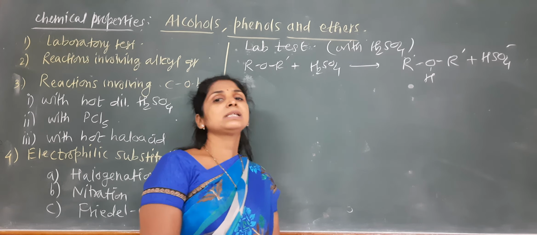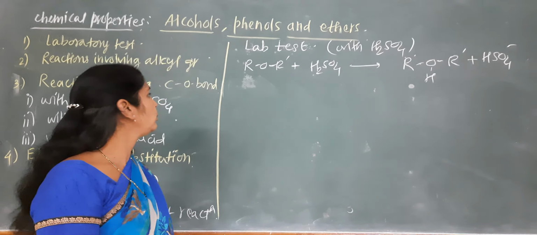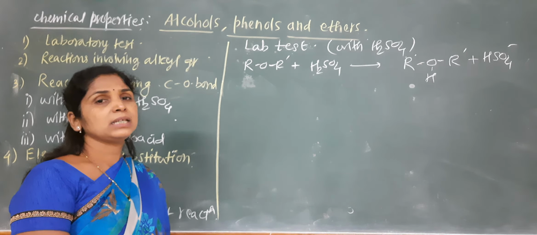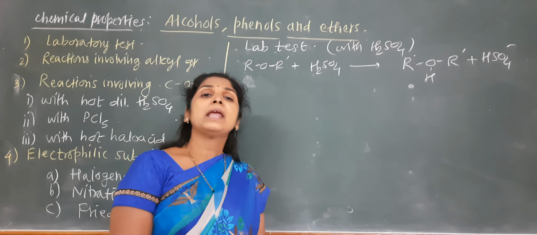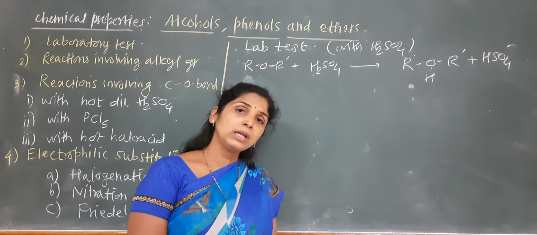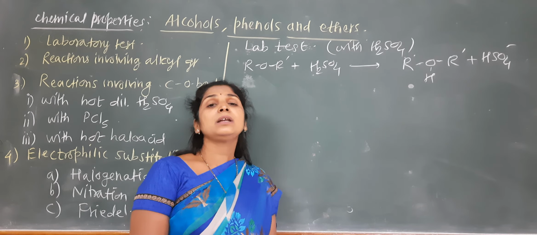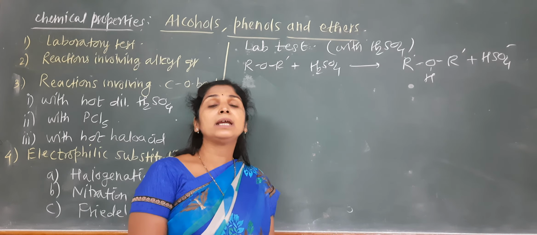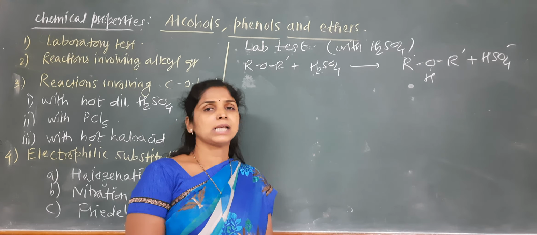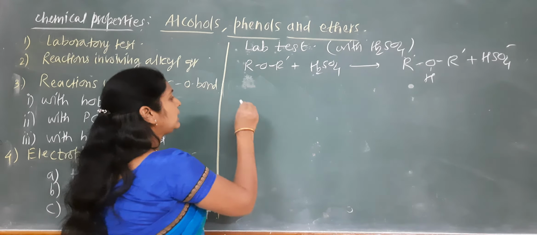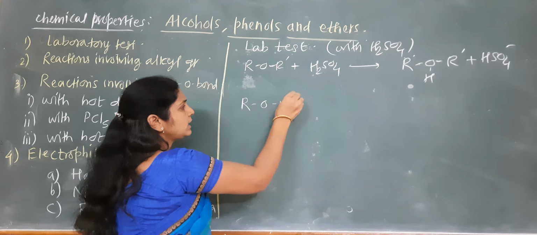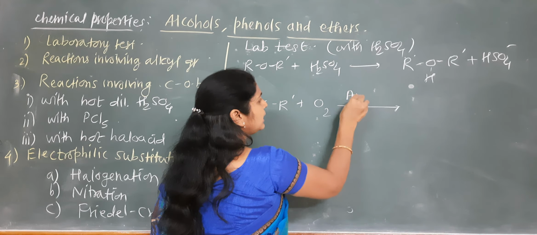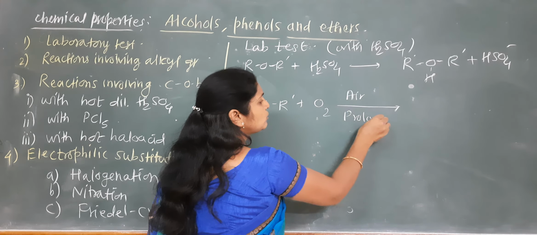Now we will go to the next part, the reactions which involve the alkyl group. What is this reaction? This is the reaction of the ether with atmospheric oxygen. When the ether is in prolonged contact with the air or oxygen, it gets converted into a peroxide. How does this reaction take place? Take the general reaction ROR' with the oxygen present in the air, but it will take much more time.